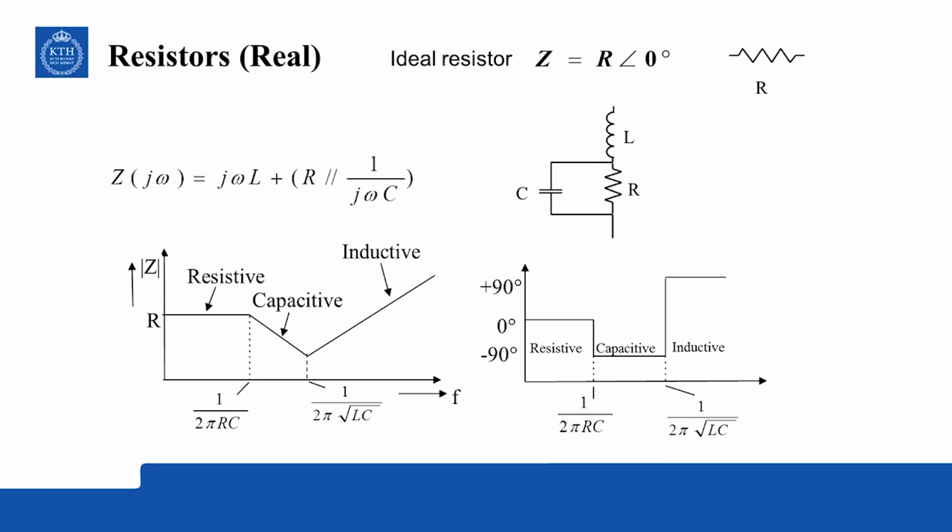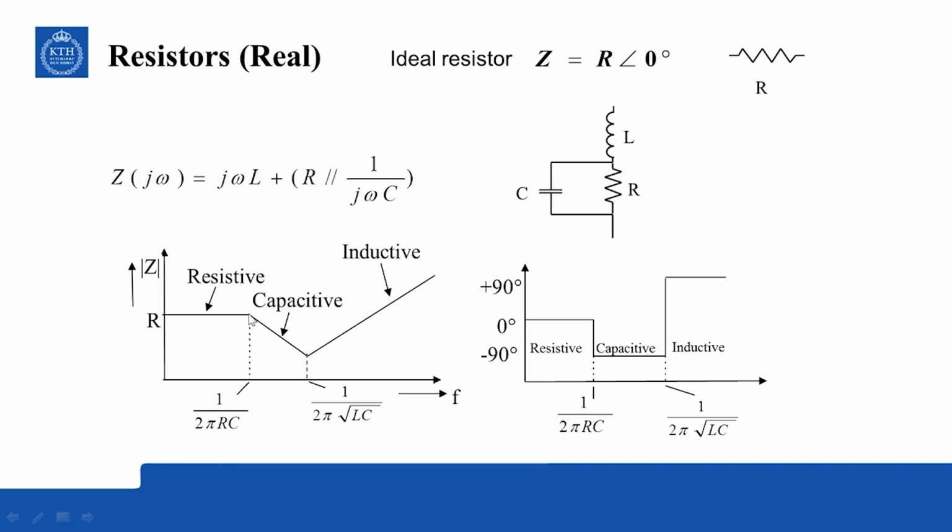Now as you move away from the DC value, at one point resistance R becomes equal to 1 by j omega C, and that point is given by this. The capacitive impedance is coming from a very high value, and they are in parallel combination.